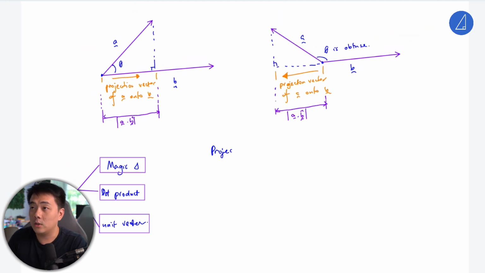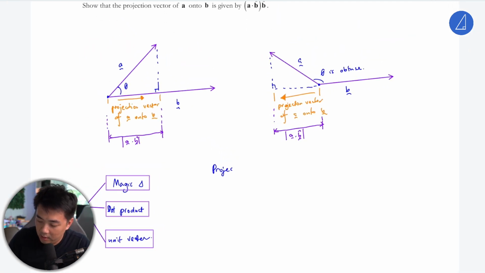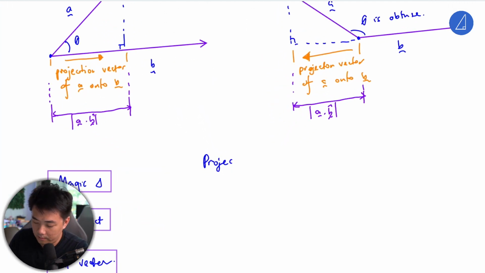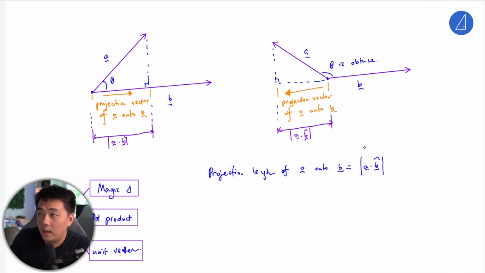This will just be the projection length of A onto B. We use A dot B unit vector because the angle we are looking at between A and B is this angle here. The acute angle is this guy here for this case, and this case here. So we are looking at A dot B unit vector, the adjacent side. Do not unit vector the hypotenuse. So that is the first thing.